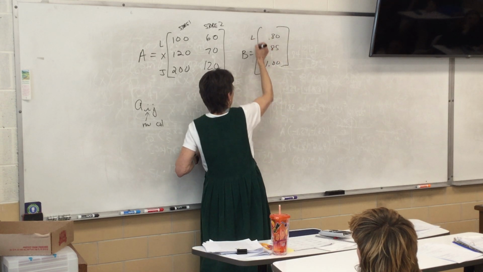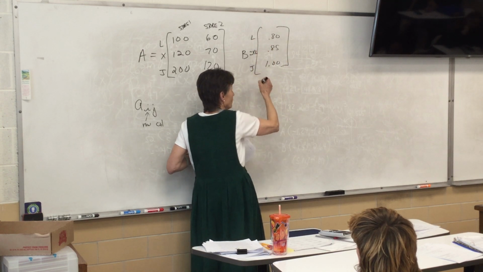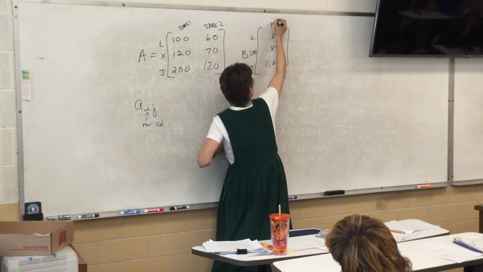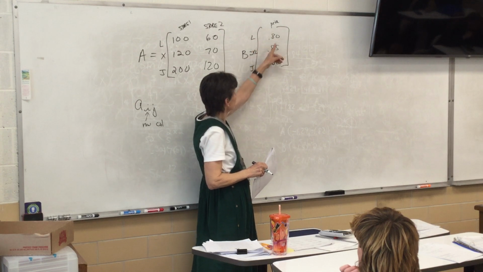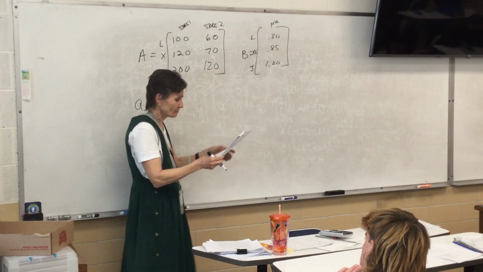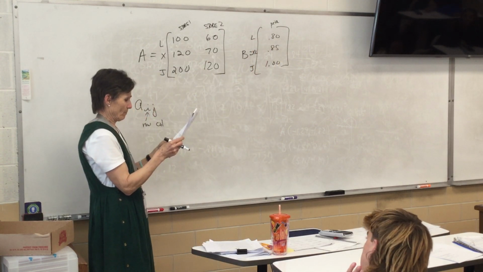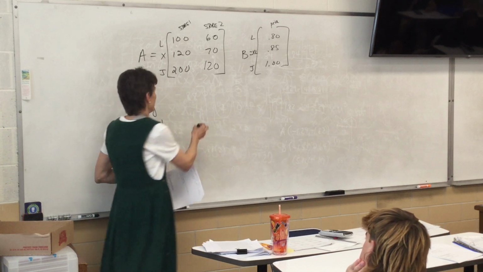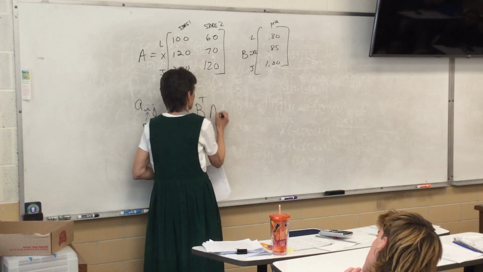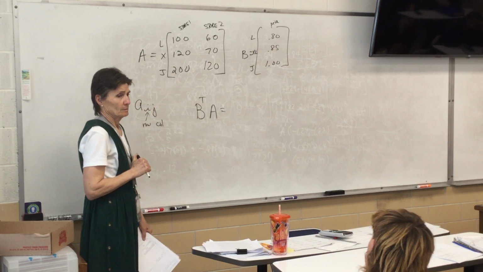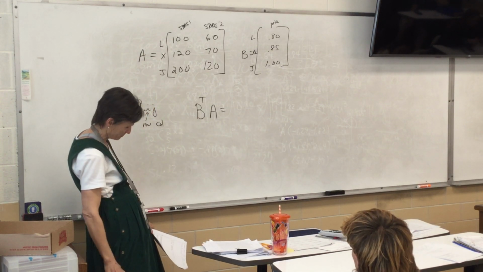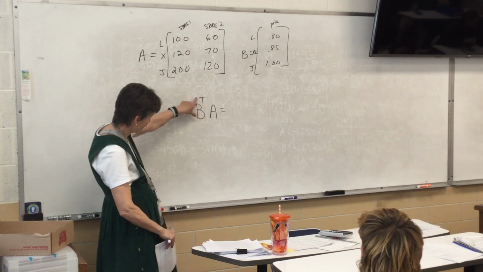So this is your large, extra large, and jumbo, and this is the price per dozen. So that says a dozen large eggs costs 80 cents. Now, find the product. What does that mean? What's that T mean?